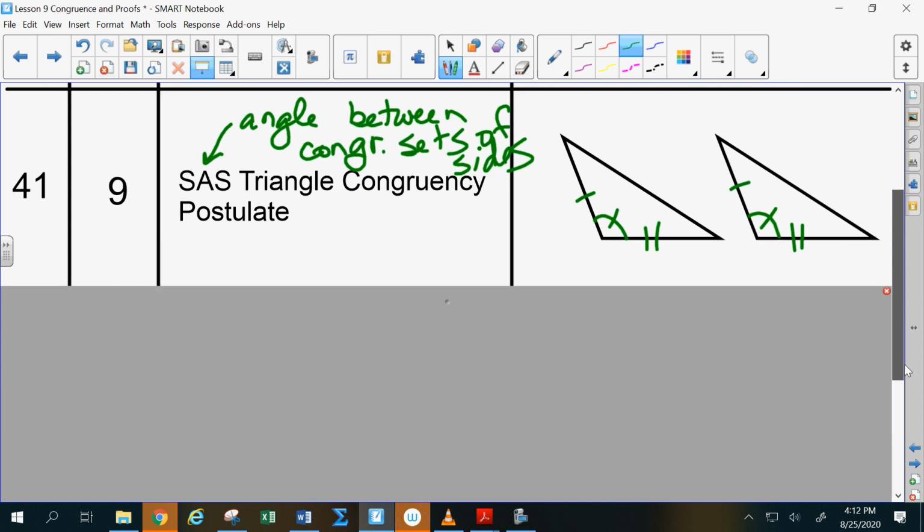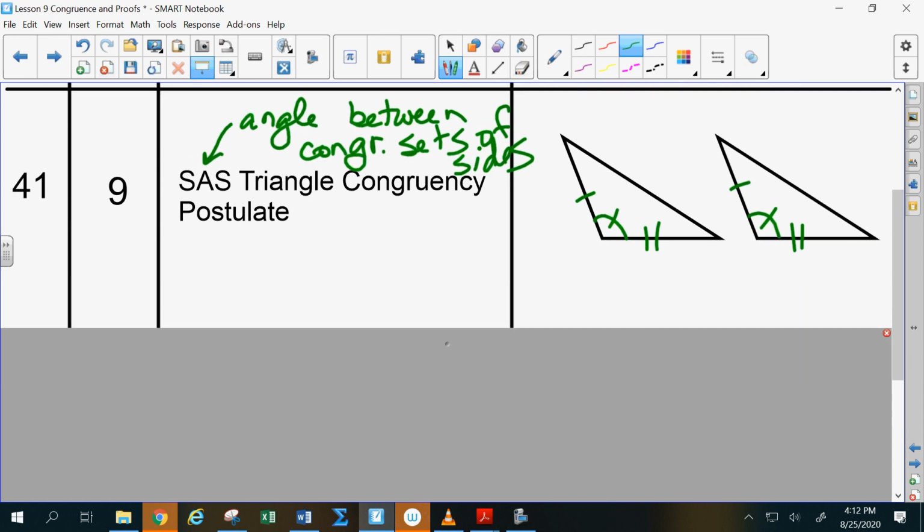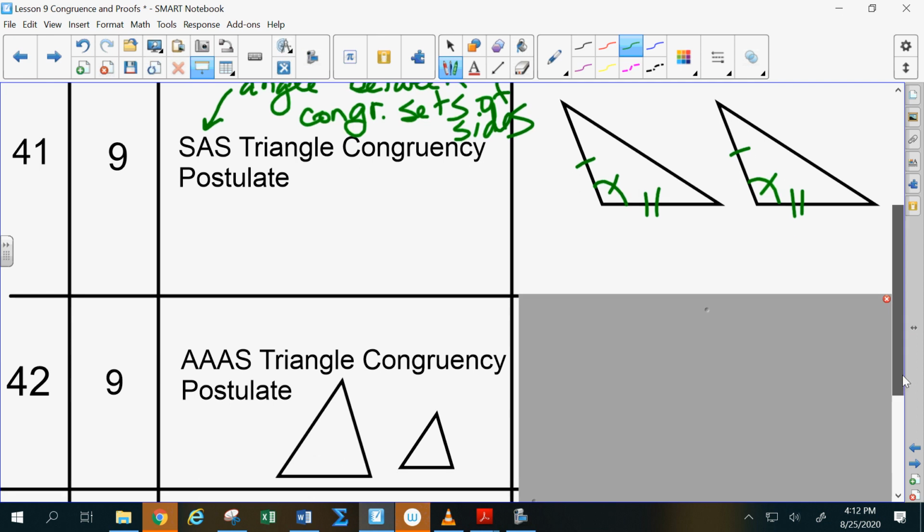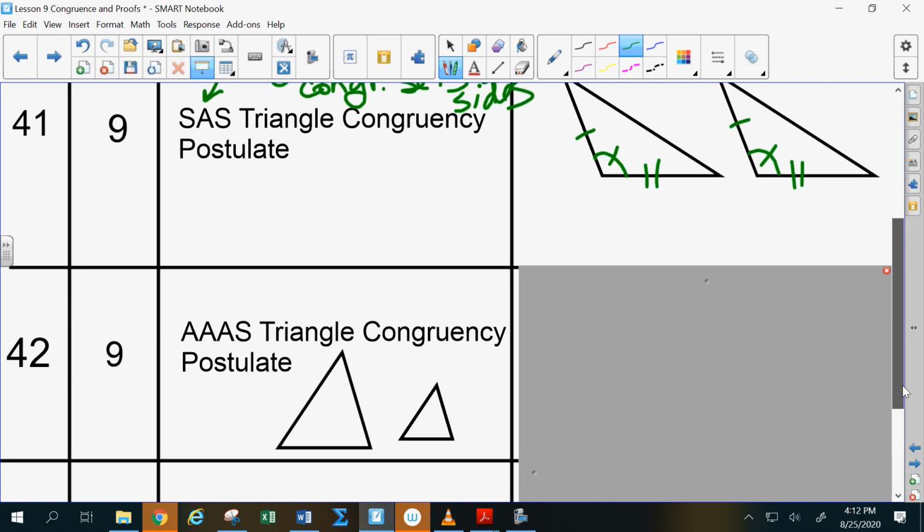The next one is going to have 4 letters in it. AAAS, triangle congruency. So this one we actually have to have 4 things. It is not enough just to say these angles are congruent, these angles are congruent, and these angles are congruent. Those are similar. They are not the same size.